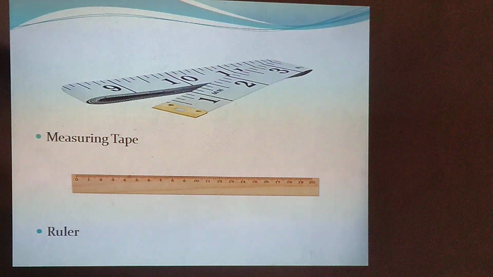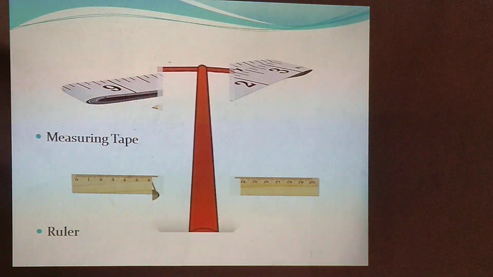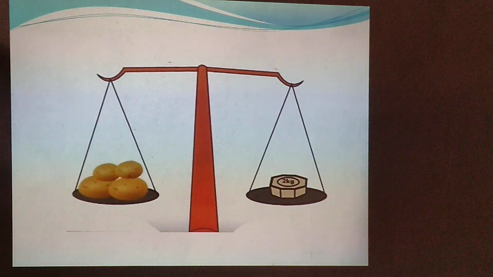So in this way, what we are doing actually, in the previous case, you are measuring the mass of potato, which was unknown in the beginning. Suppose you need 2 kg mass of potato. How much will be the 2 kg mass of potato? You didn't know. Shopkeeper also didn't know.